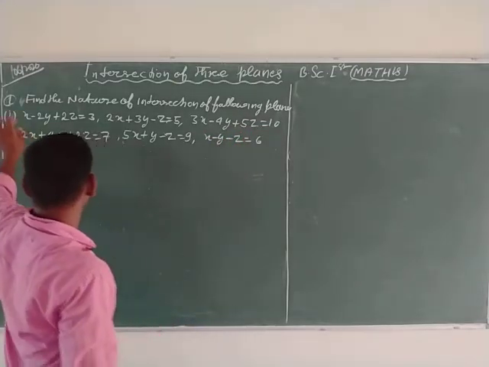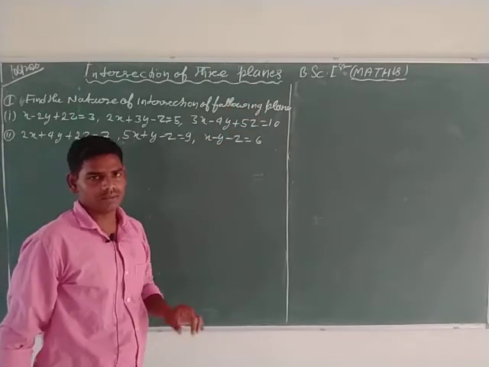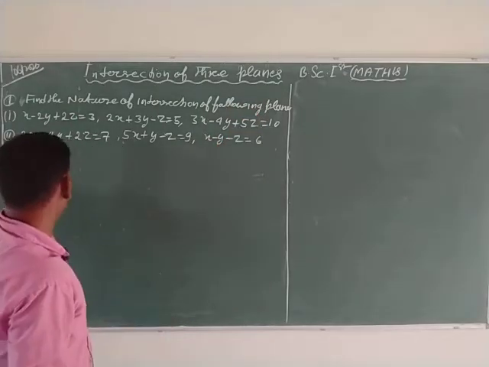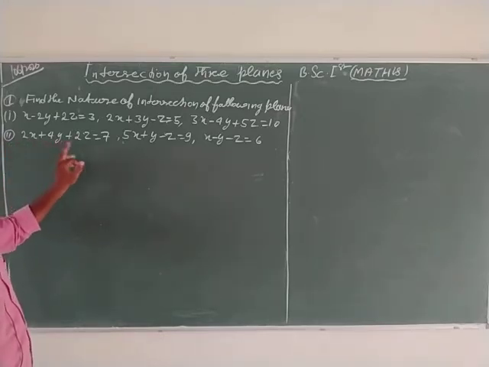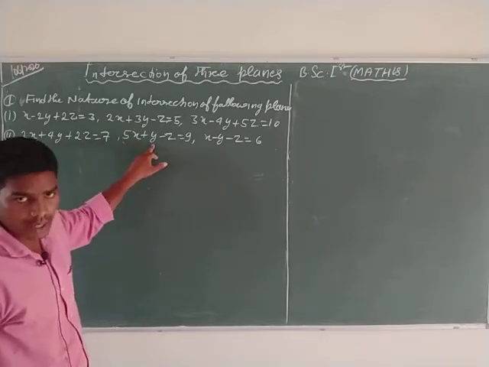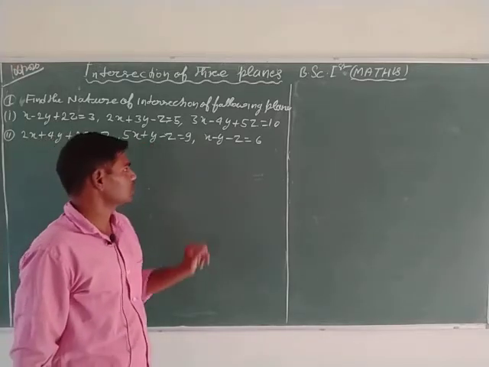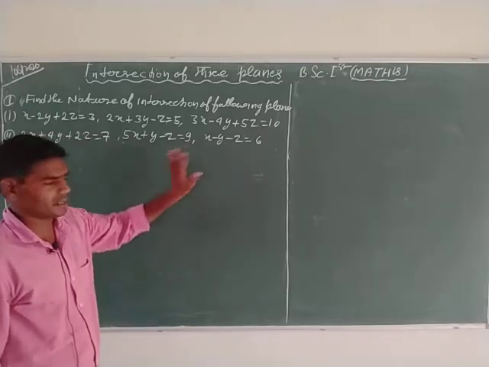So this represents the first set of intersecting planes, and the second set is 2x plus 4y plus 2z is equal to 7, 5x plus y minus z is equal to 9, x minus y minus z is equal to 6.